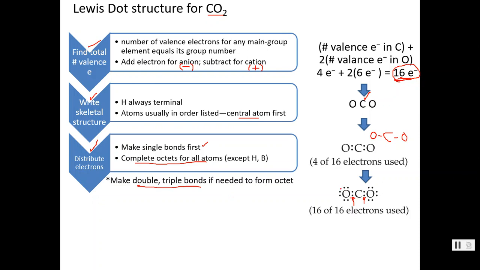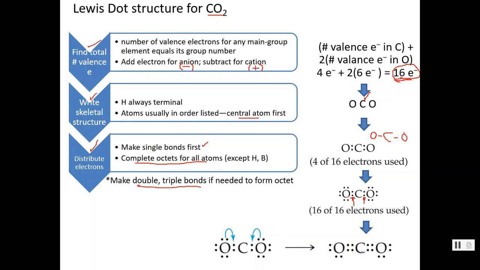And yes, indeed, each oxygen actually has 3 lone pairs of electrons. So I can easily take a lone pair from each oxygen to share with the carbon, as is shown by these curved blue arrows. And so when doing that, the number of shared electrons between the oxygen and carbon increase.